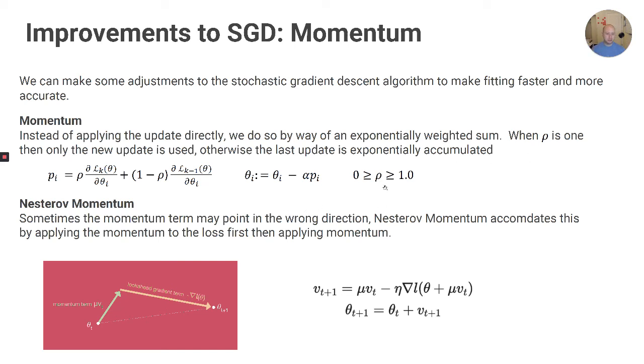In the case that rho is 1, we're only using the new update, 100%, and throwing away the previous. So that's no momentum. But if rho is less than 1, then we're using the new update to some degree, and we're also utilizing the previous update. So if I'm going this way, and then I have to change, I add a little bit of this here, and the resulting vector is going to be this way.